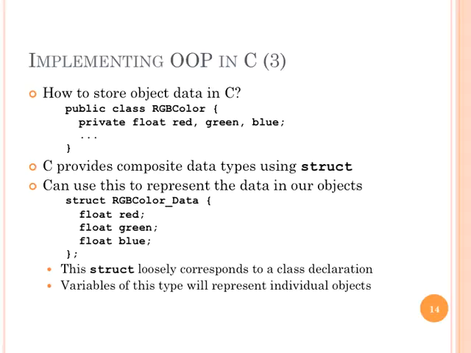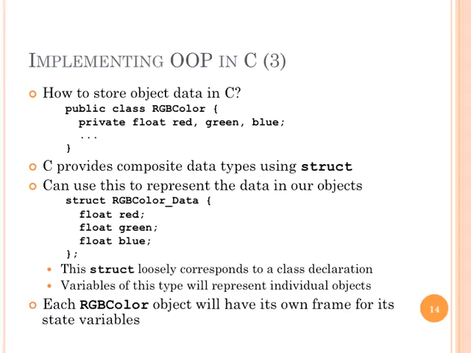And so, well, we'll talk about that on Friday. But the C++ language was implemented in exactly this way for quite a while, which is kind of neat. So anyway, for every object of RGB color type that we might instantiate and use, we'll just create another instance of the RGB color data struct.